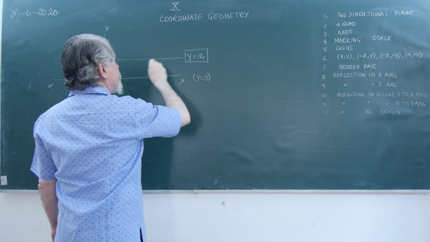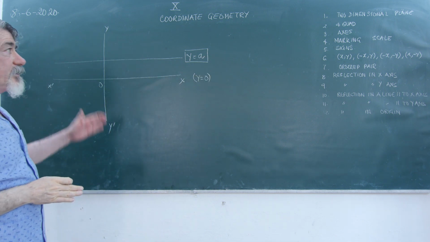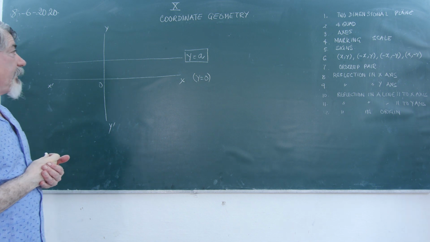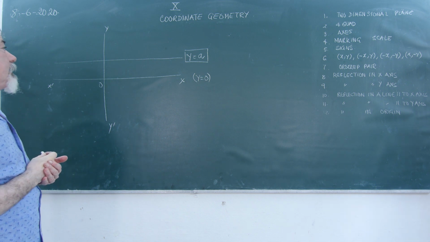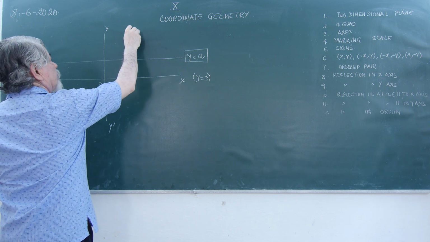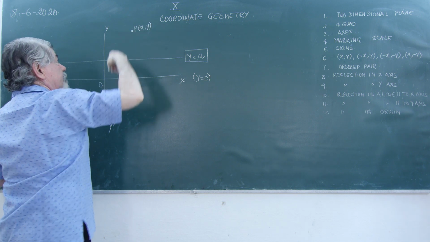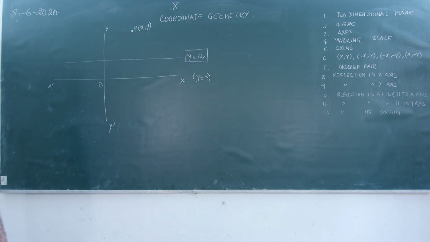That means the value of y on this line is a. And suppose there is any other point P (x, y).